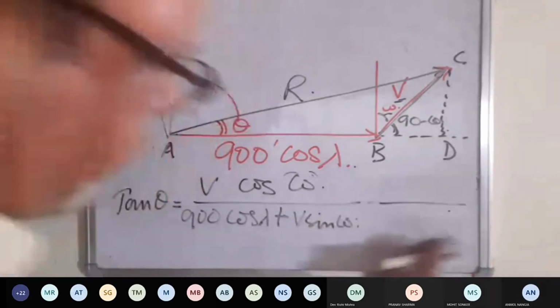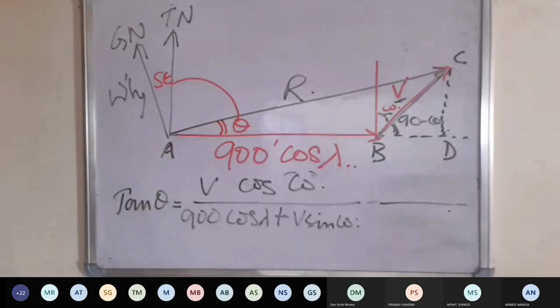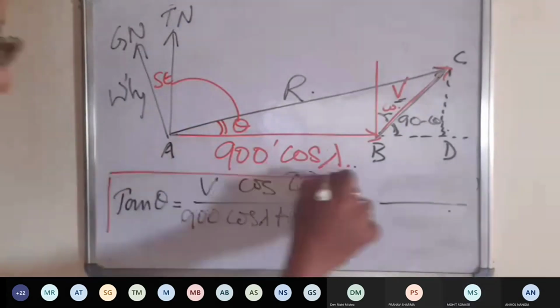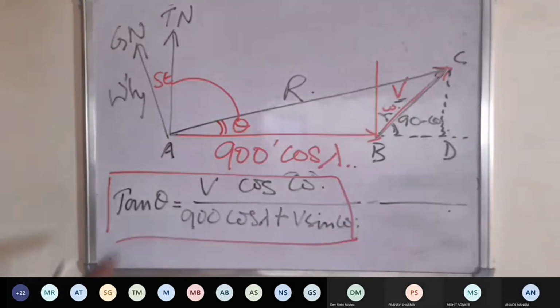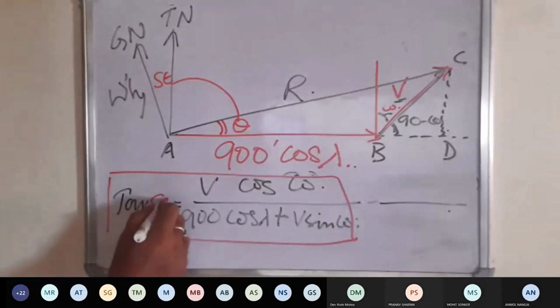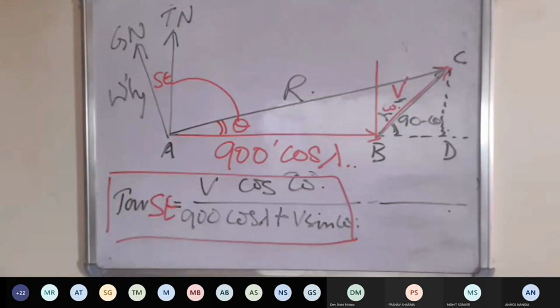Do we have this? Yes, sir. This is the generic formula for steaming error. Theta is equal to steaming error. Are we good? Yes, sir.